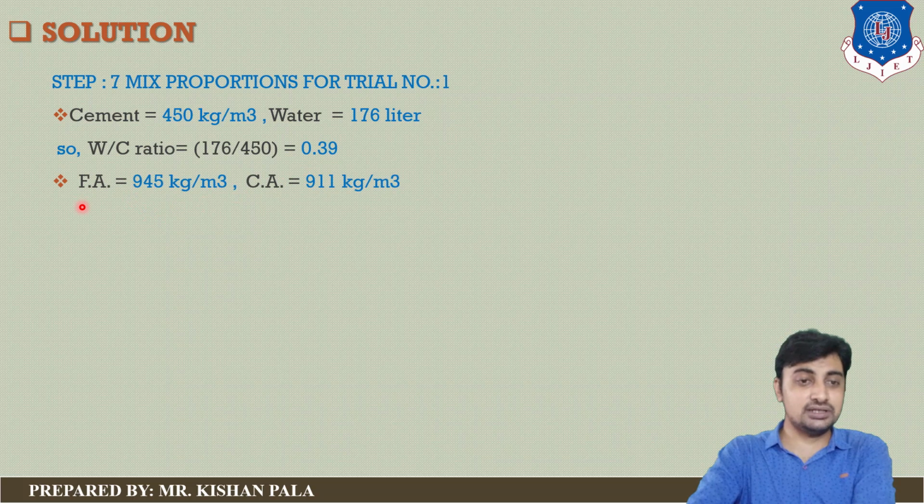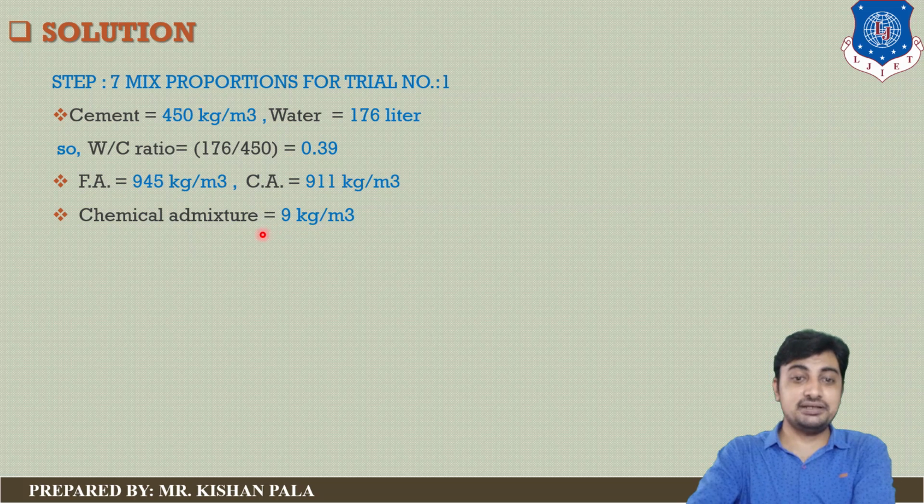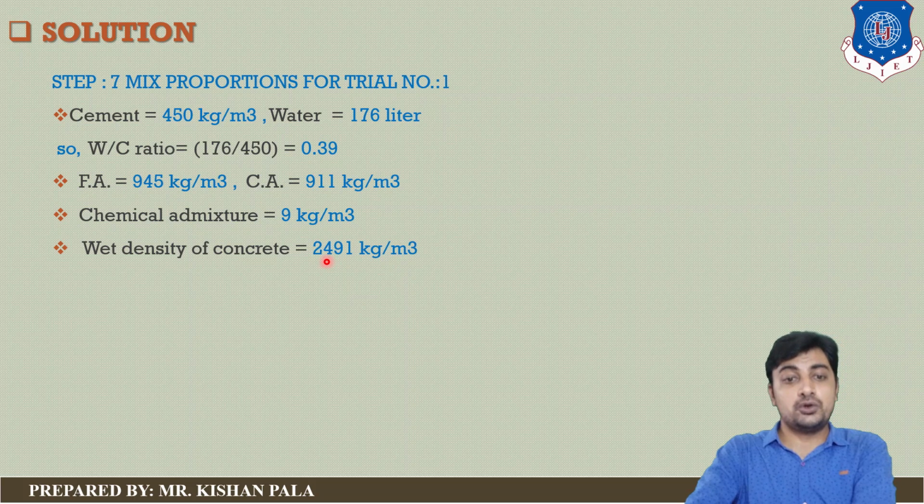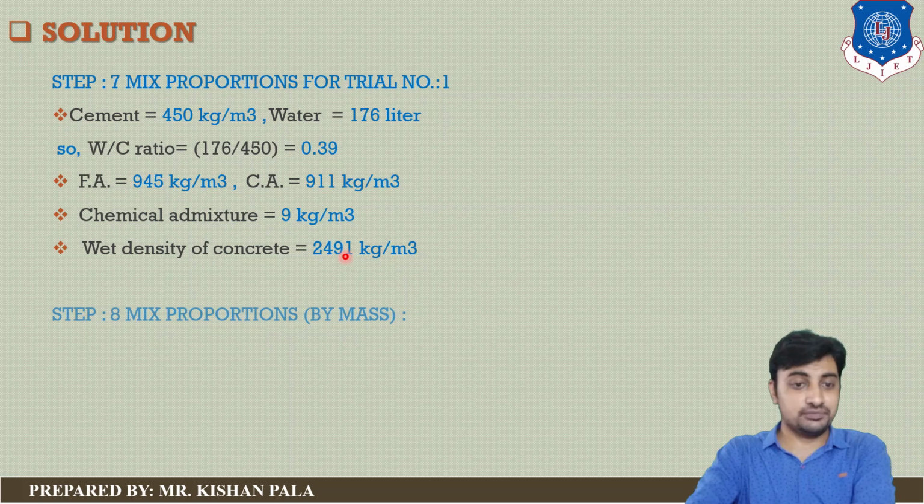Fine aggregate is 945 kilogram per meter cube, coarse aggregate is 911 kilogram per meter cube, chemical admixture is 9 kilogram per meter cube, and our total weight density of concrete is 2491 kilogram per meter cube.